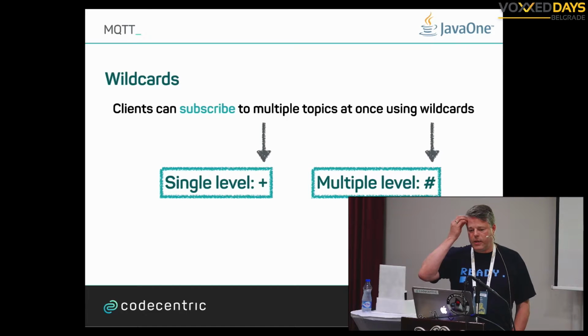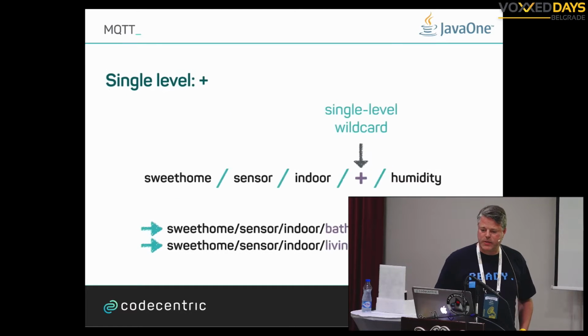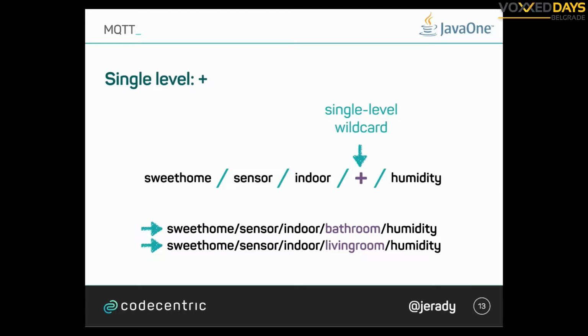And additionally to the topic levels, you can use wildcards in your topics. There's a single level wildcard, the plus, or the hash, which is multiple level. What's the difference? The plus is a single level. This means at this position you can have any kind of topic level, but just one.